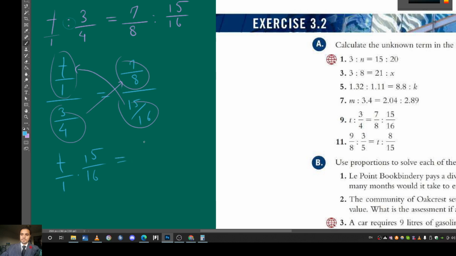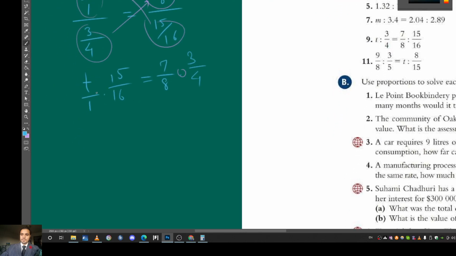equals 7 over 8 multiplied by 3 over 4. The point here signifies multiplication. So we get t over 1 times 15 over 16 equals 7 over 8 times 3 over 4. Now multiplication of fractions is easy. Just multiply tops, bottoms, right?